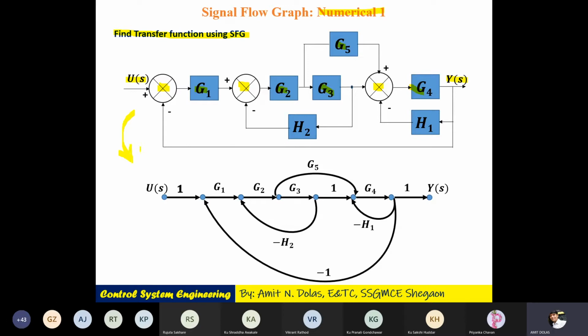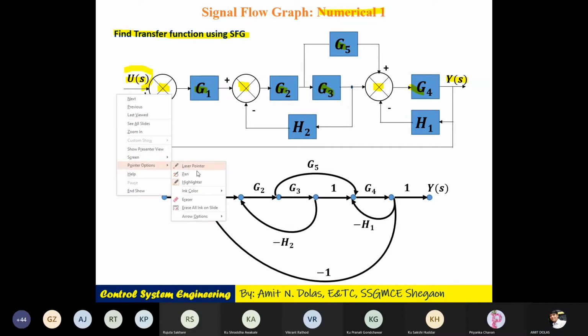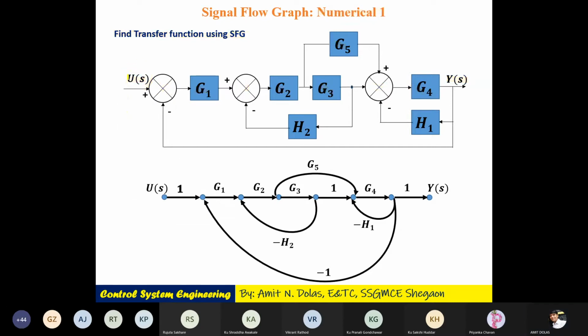So how to draw, please remember the steps. I have U of S, which is the input. Here I'll use one branch moving towards G1. So here is a node, and here is another node.